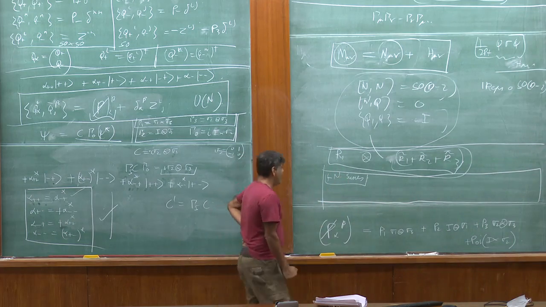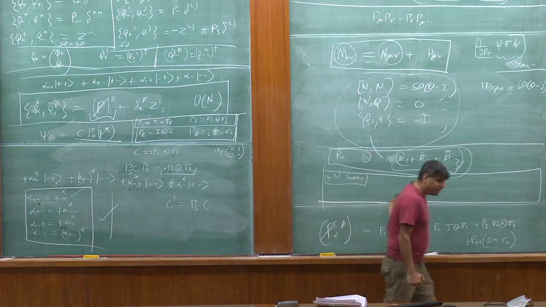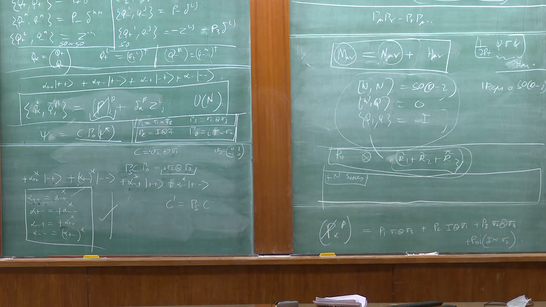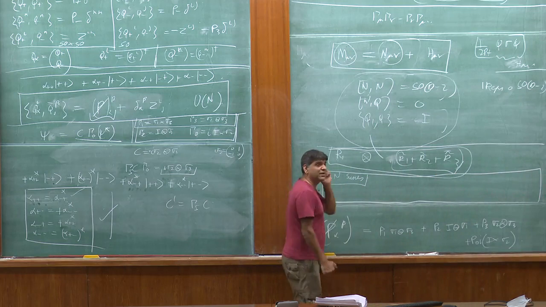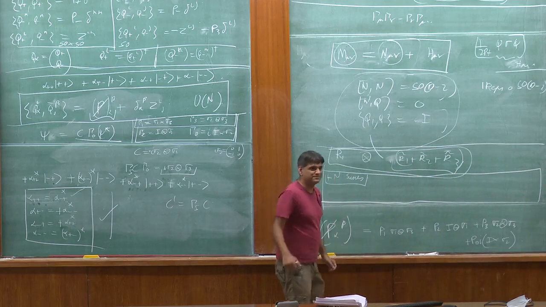Now, question: what kind of spins are going to occur in a representation of supersymmetry? Let us, to start with, look at the minimal representation of supersymmetry, namely the one where we've chosen this representation R1, which was in our hands, to be trivial. Question: what kind of spins are going to occur?